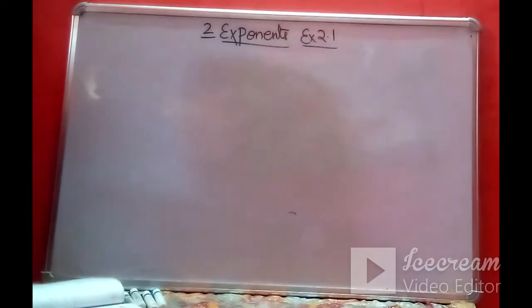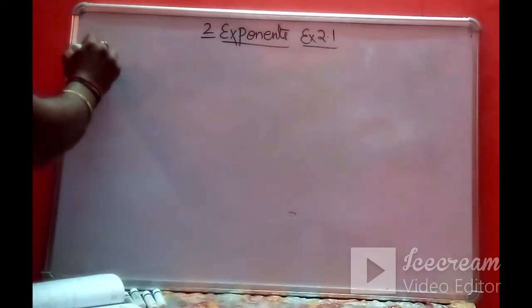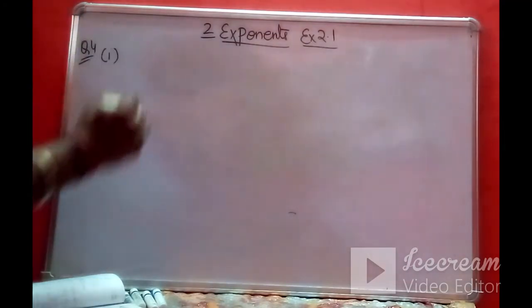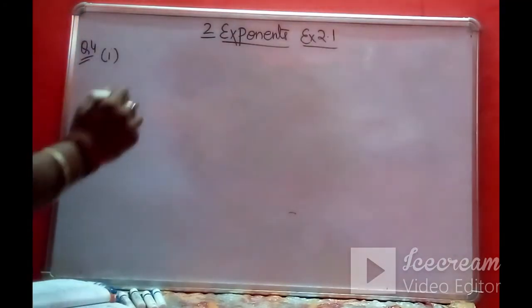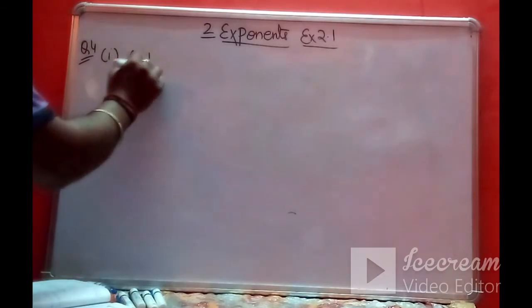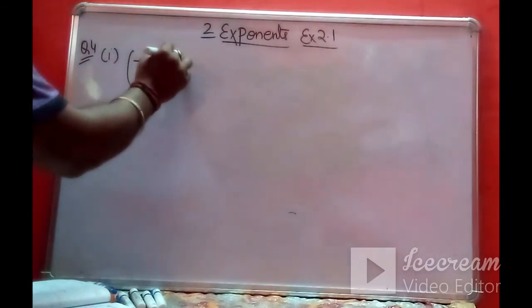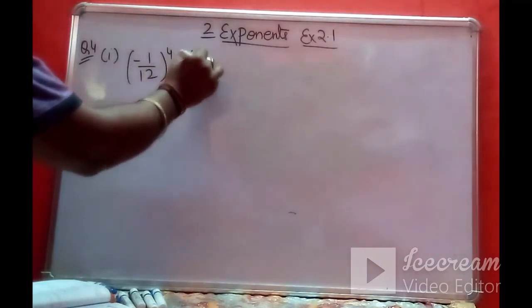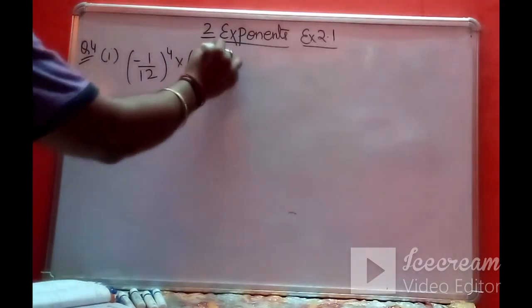Okay, let's see question number 4. In question number 4, the very first part is written as minus 1 upon 12 to the power 4 into 18 upon minus 5 cube.